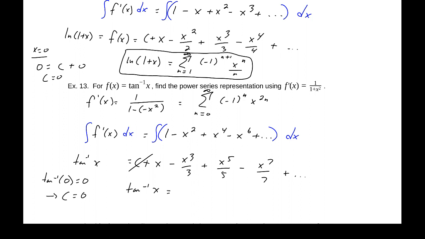Okay, now those are alternating signs, and we have all odd exponents there. So negative 1 to the n, you have x to the 2n plus 1, and it's divided by each of those same odd coefficients, so 2n plus 1.